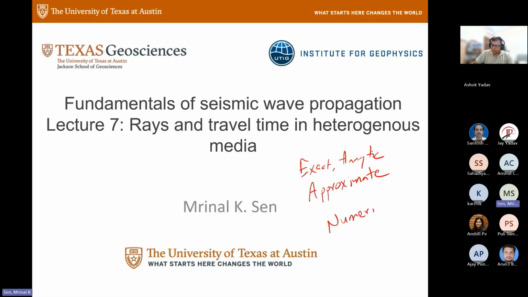So we can get a numerical solution, right? Here we'll first look at an approximate solution that is valid at very high frequency. Once we have made this approximation, I'm going to show you that we can have a closed form solution for amplitude and things like that. So how do we do that?